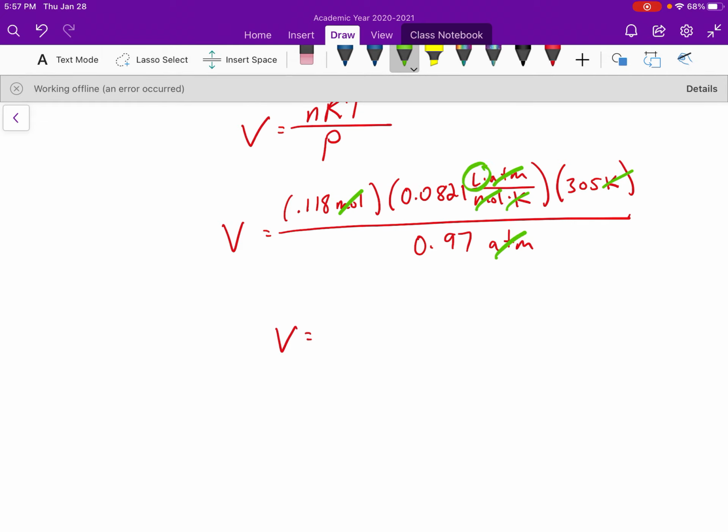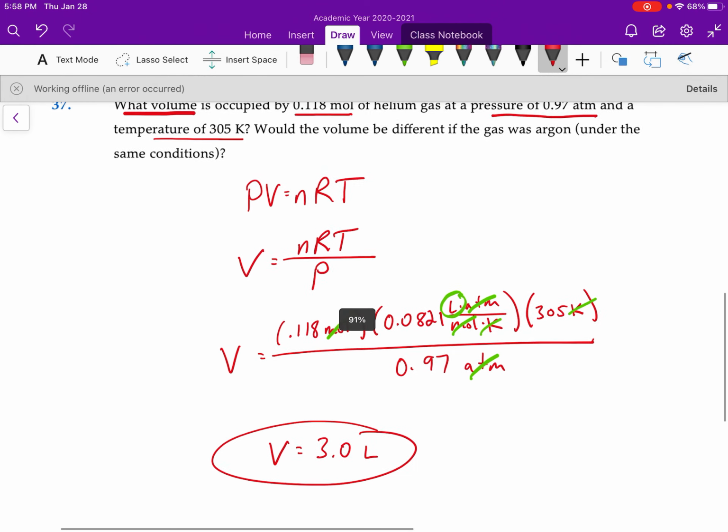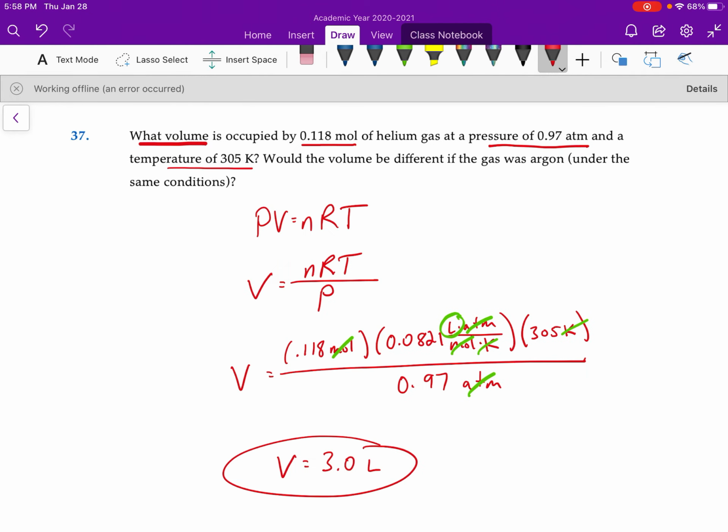We're left with liters, which is great because we solve for a volume. And let's see, I want two significant figures because 0.97 atmospheres is 2 sig figs. So I'm going to say 3.0 liters. So any gas under these conditions is going to take up a volume of 3 liters.